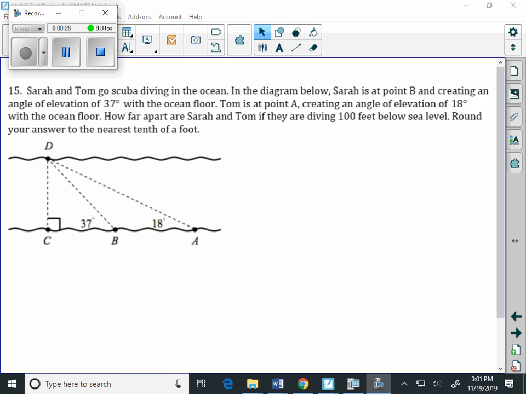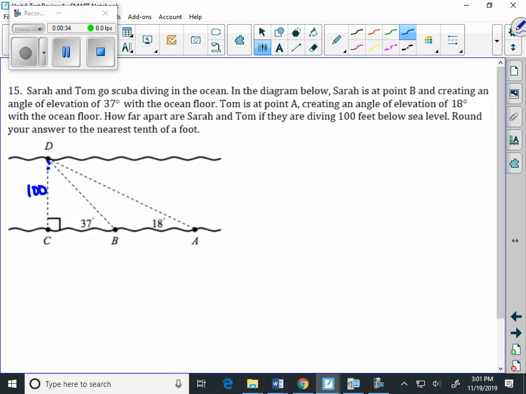So the first thing that I want to put in here is the 100. Here is the 100, this distance here. And like the previous problem, it may be helpful for us to color code this a little bit to figure out how far apart Sarah and Tom are.